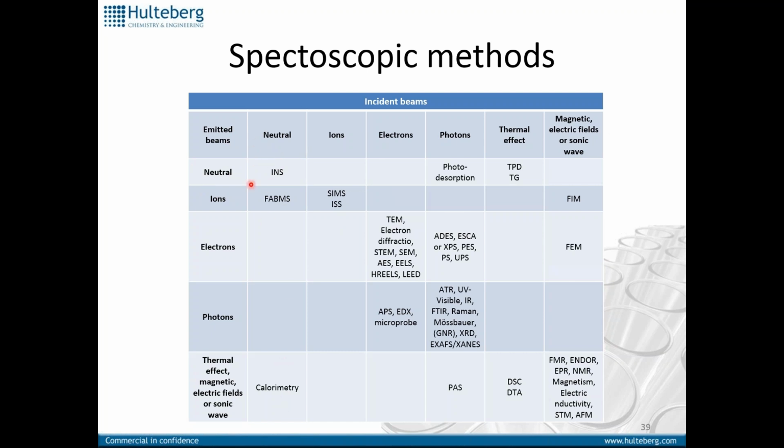So if we have electrons and we get electrons back, we get diffraction, electron microscopies, and other techniques. If we shoot photons and look at the electrons, we get X-ray photoelectron spectroscopy, for instance, etc.